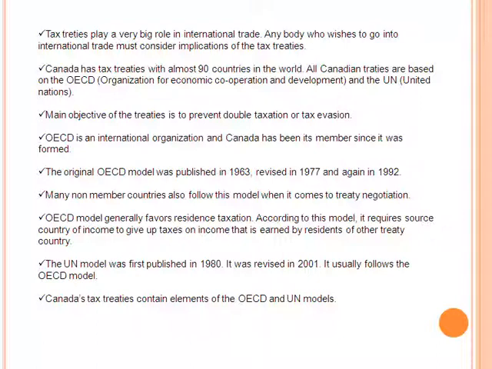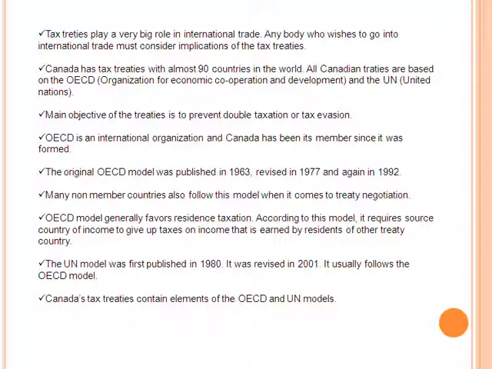OECD is an international organization and Canada has been its member since it was formed. The original OECD model was published in 1963, revised in 1977, and again in 1992. Many non-member countries also follow this model when it comes to treaty negotiation.